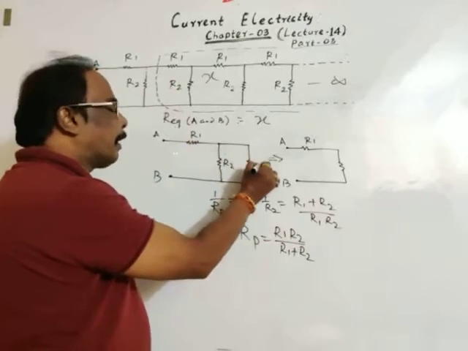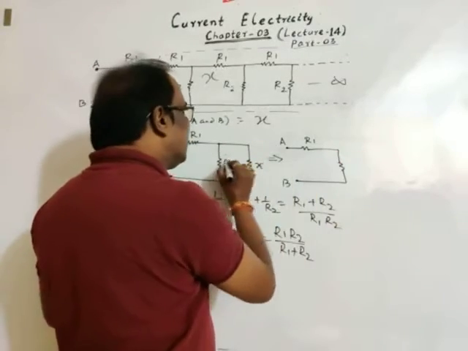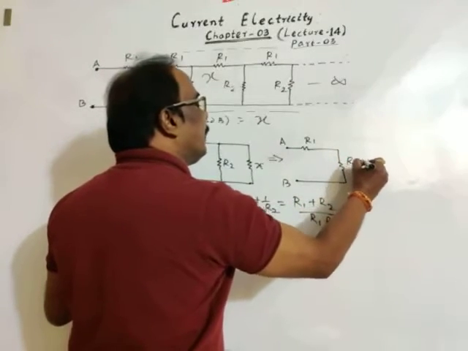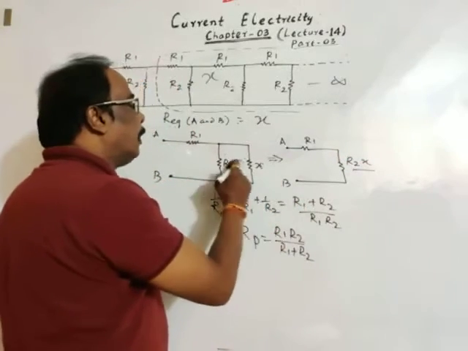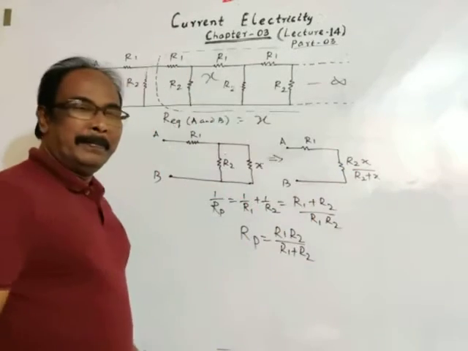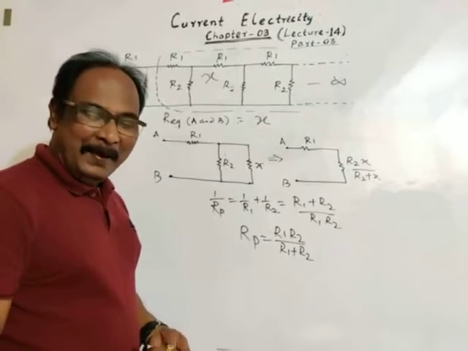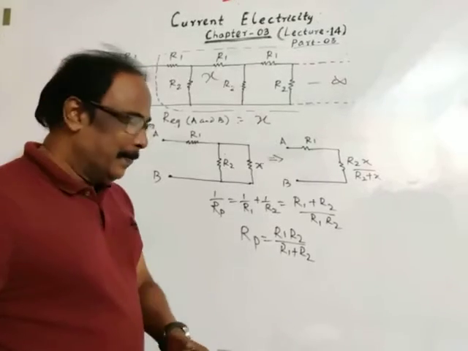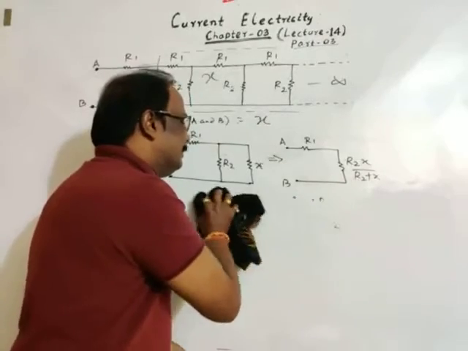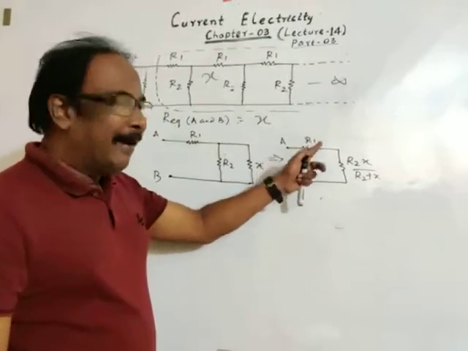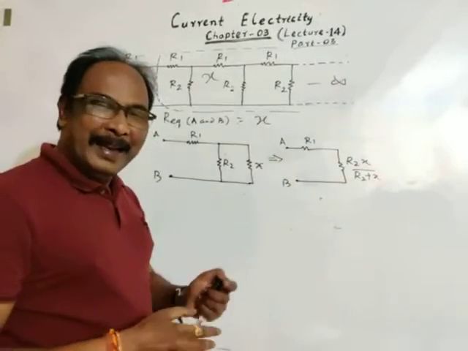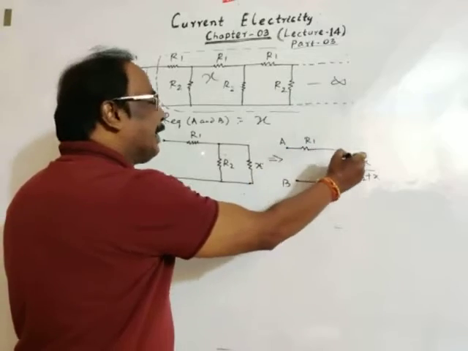Similarly, these two are in parallel, so the equivalent resistance of these two resistors will be R2 into X divided by R2 plus X. Now it is easier. Now these two resistors, R1 and this one, give the total resistance between A and B.